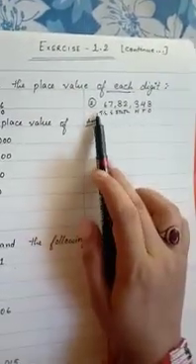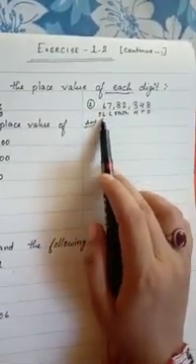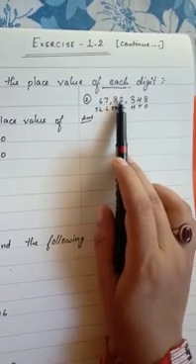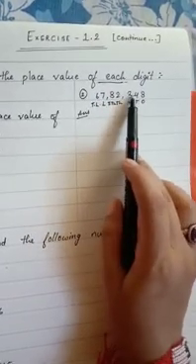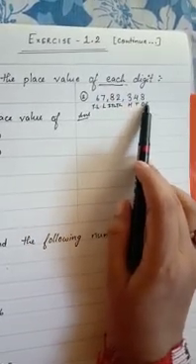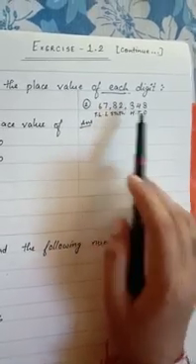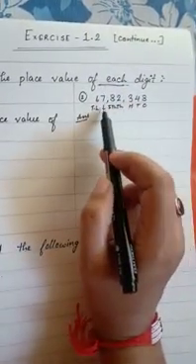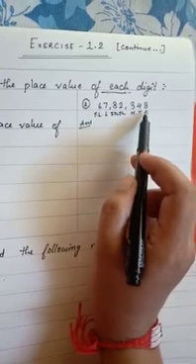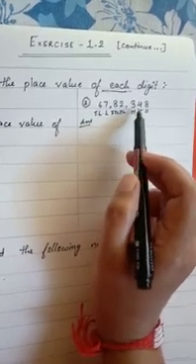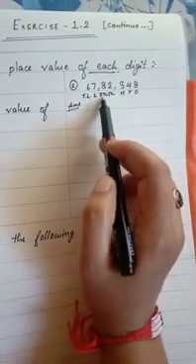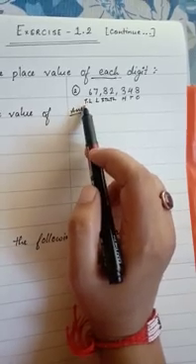Now let's see the next question, which is 67 lakh 82,348. So first we will write it in the place value order, that is ones, tens, hundreds, then 1,000, 10,000, lakh, then 10 lakh.